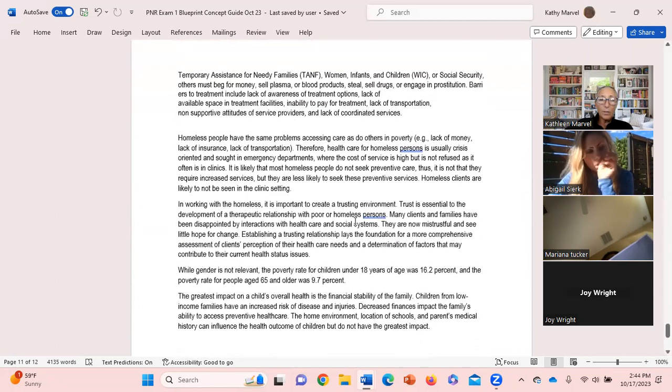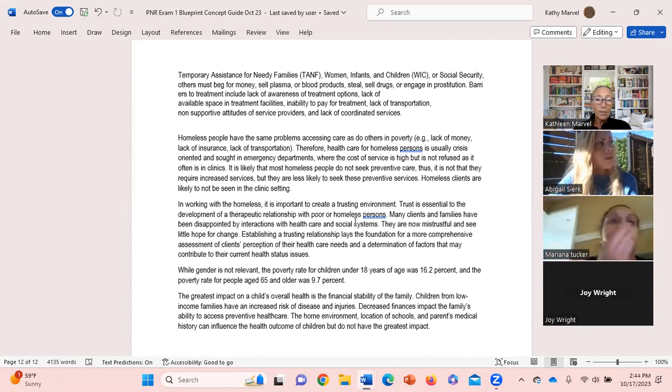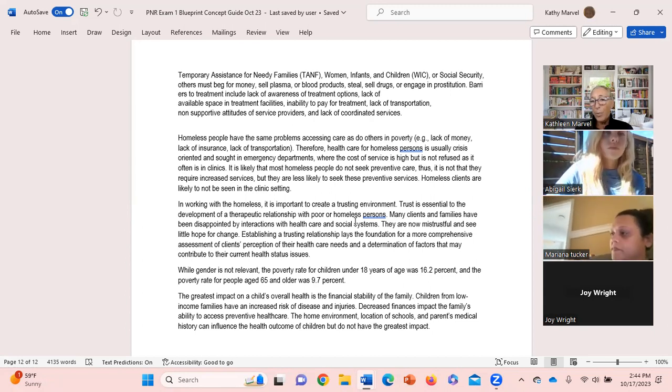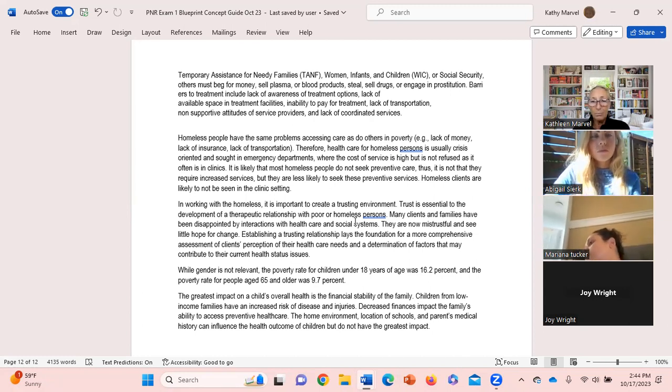And here are some resources: temporary assistance for needy families, WIC, Social Security. Others, in a very negative way, may beg for money, sell plasma, sell blood products, steal, sell drugs, prostitution, right? Their barriers are maybe unawareness of what's available to them, not knowing what their options are.